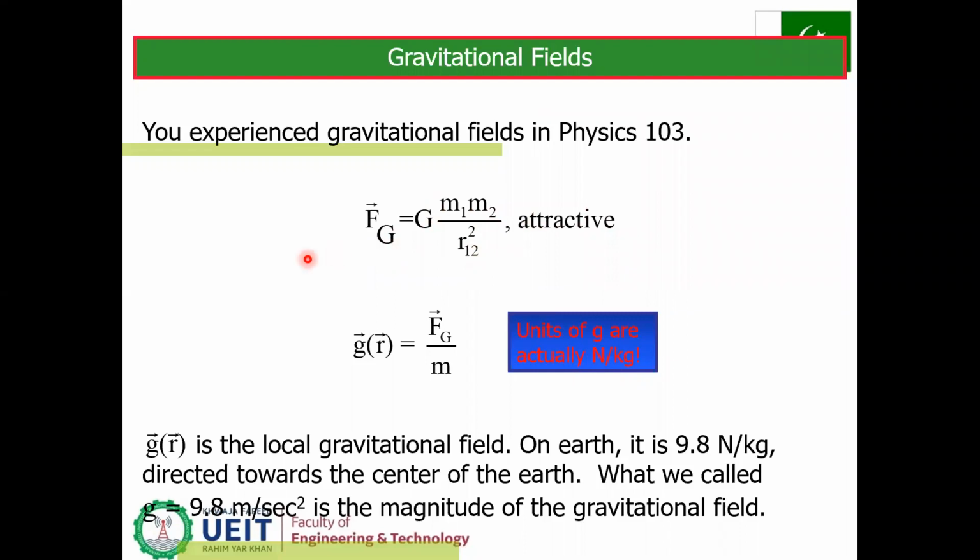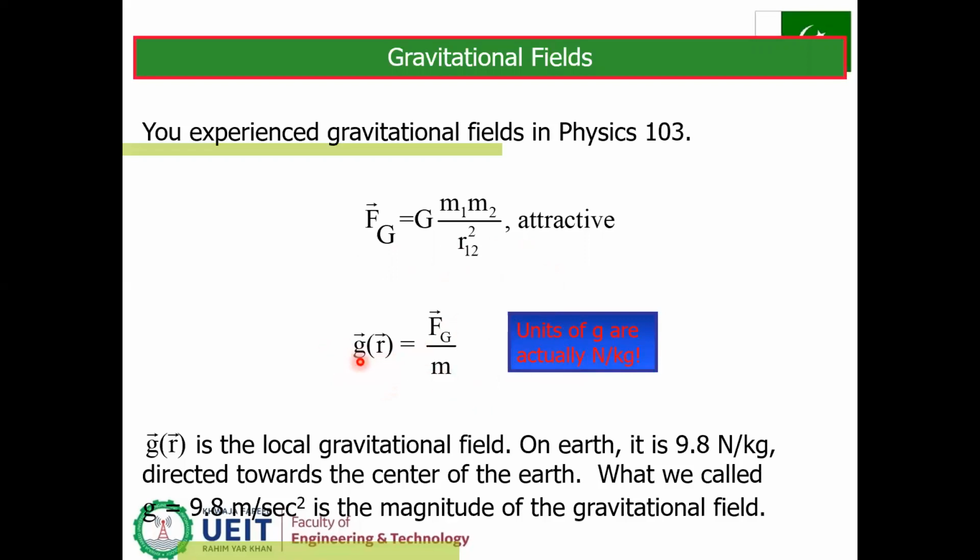We can calculate the gravitational force between Earth and Moon, and also Earth and Sun, and also some other stellar bodies. g is equal to Fg over m. Units of g are actually Newton per kilogram. This is the acceleration due to gravity, force over m, because F is equal to ma.